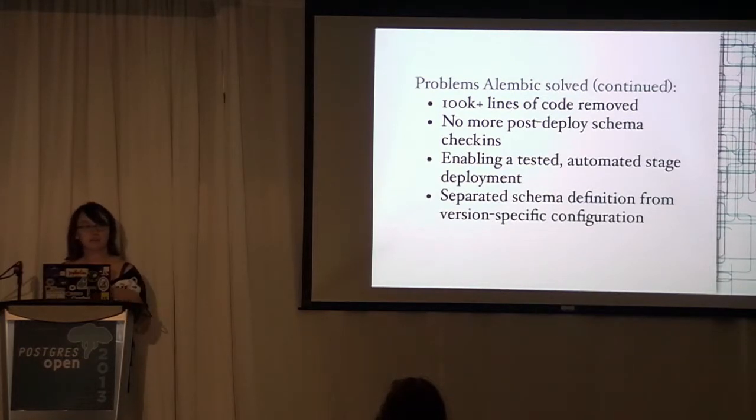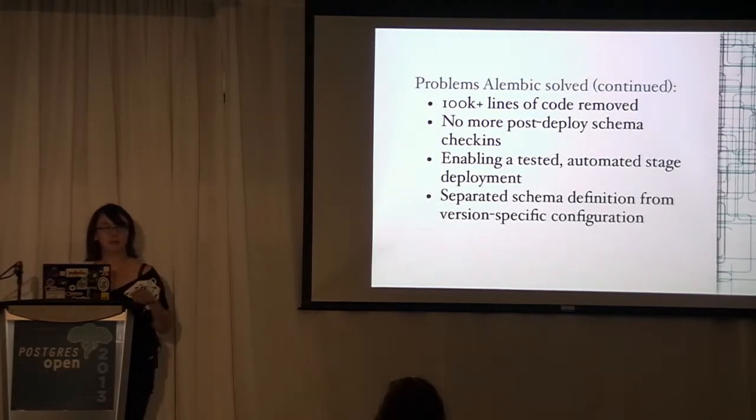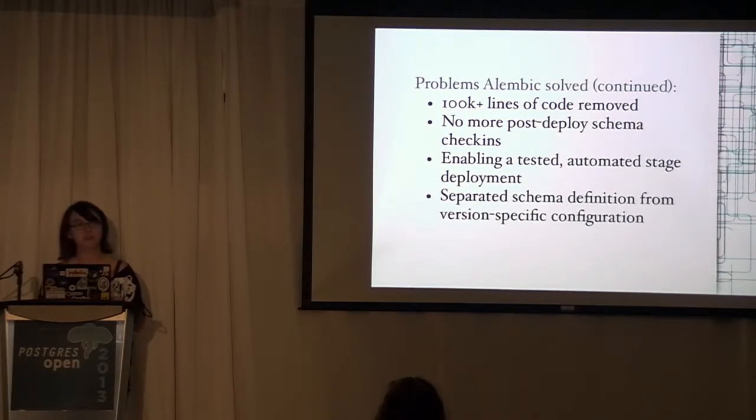Some other things that happened for our specific code base: I removed about 100,000 lines of code, which is kind of insane, all related to the schema that we were committing. We have no more post-deploy schema check-ins. It really further enabled a tested automated stage environment, and we separated the schema definition from our version-specific configuration, which when we were upgrading from 9.0 to 9.2 was a huge problem because I had all these extensions that had kind of polluted the schema, and it had to be hand-edited every time we were doing an upgrade, and it was very, very frustrating.